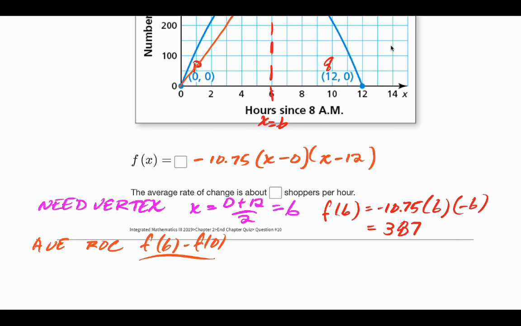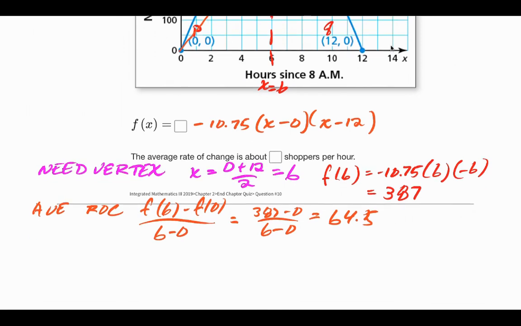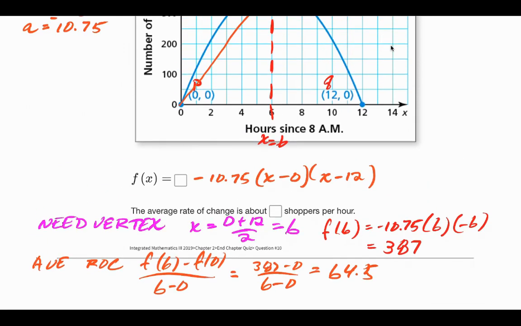And again, that's going to be over our x's, which are 6 minus 0. All right, so that's going to be 387 minus 0 over 6 minus 0, which if you plug it into your calculator gives you 64.5. But you know you can't have half a person, so we know that it is going to be 65 because they told us to round up.